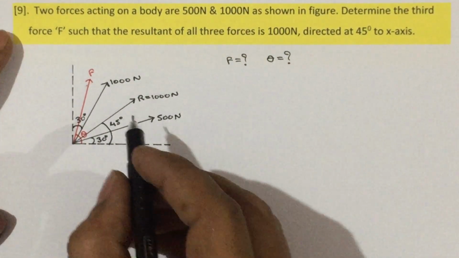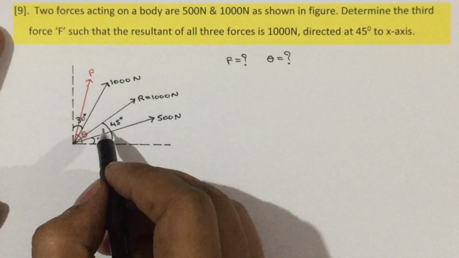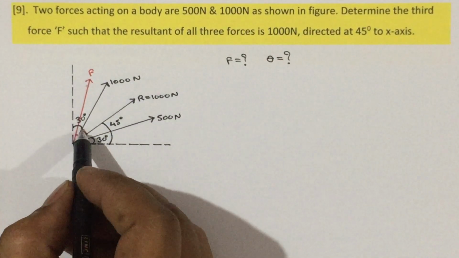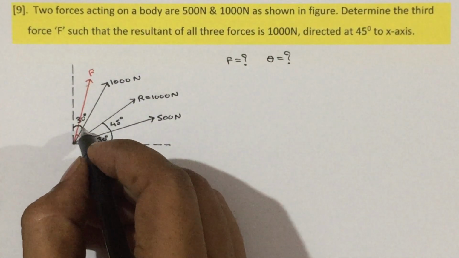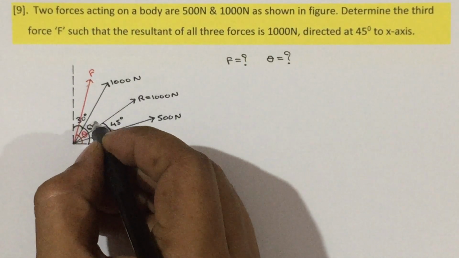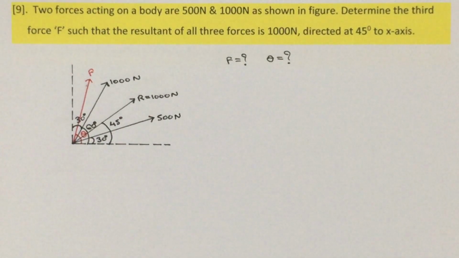So, for 500 Newton horizontal angle is 30 degree, for 1000 it is 45 degree, for 1000 Newton vertical angle is given, that is 30, therefore, horizontal angle will become 60. For F horizontal angle is theta.